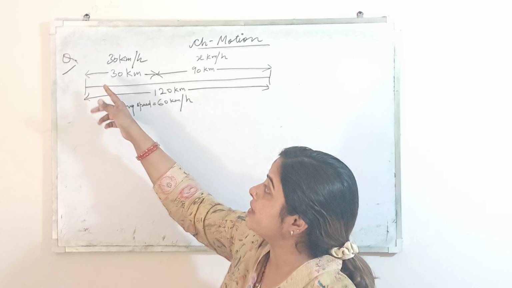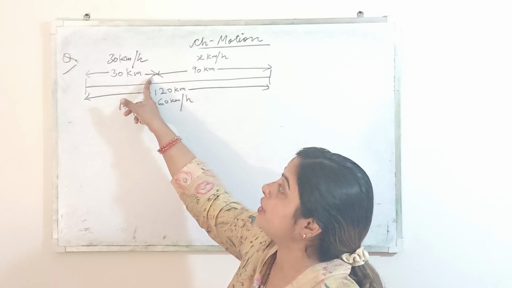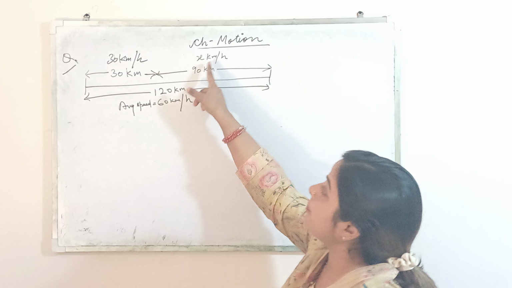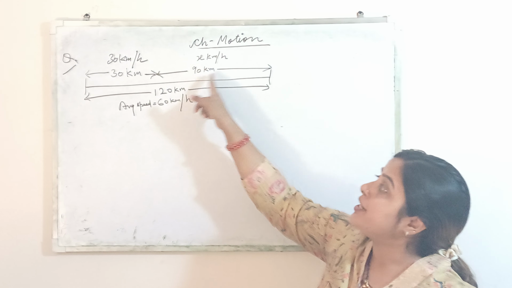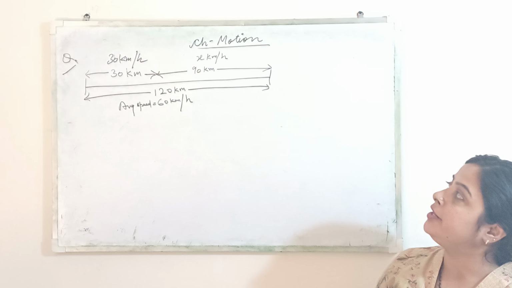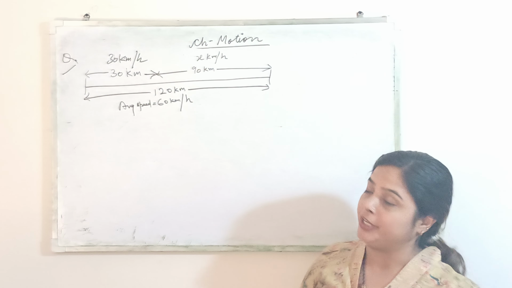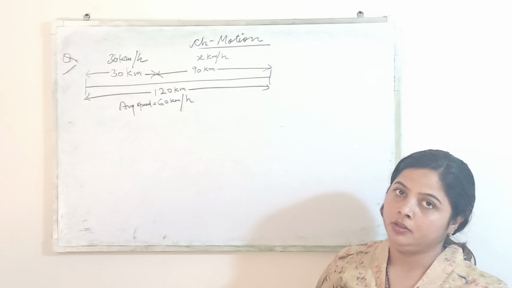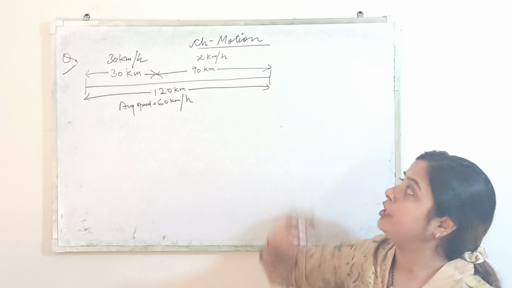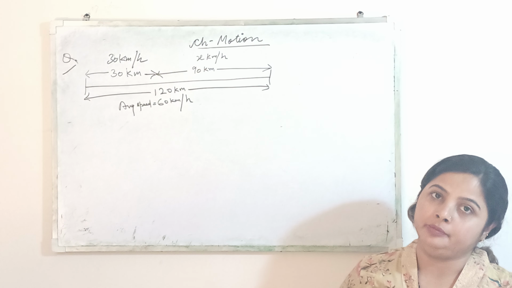Now, individually it is given that the train covers first 30 kilometer with 30 kilometer per hour. Now, what should be the speed of the train for the next 90 kilometer? So you have to calculate this speed for the next 90 kilometer distance.